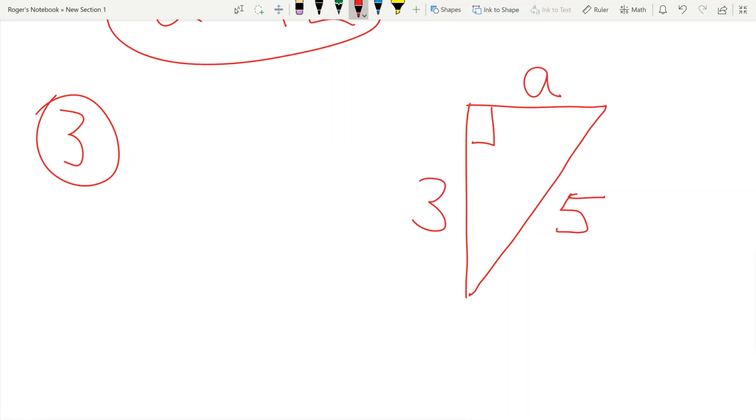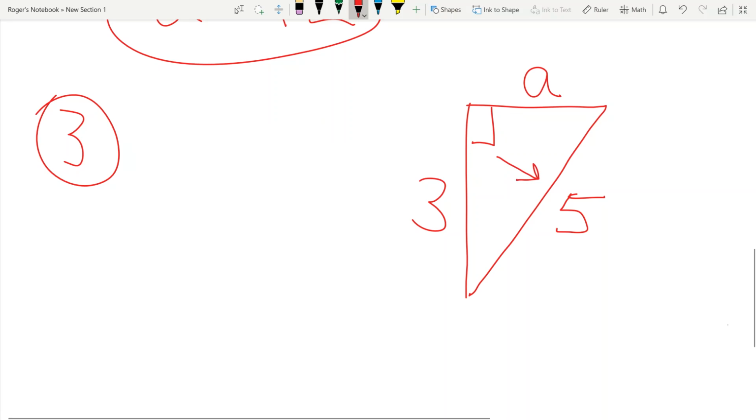Which side is the hypotenuse? It's the longest side. And the longest side is always opposite the 90-degree angle. Stand at the 90-degree angle, look across the triangle. The side opposite you is the hypotenuse.